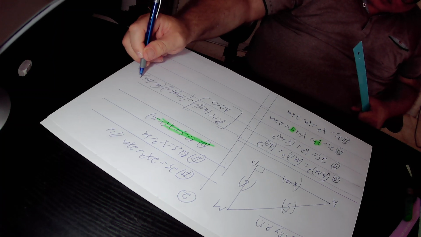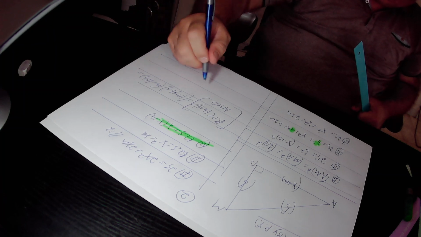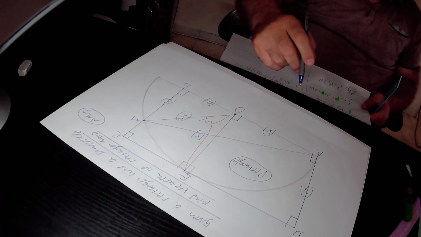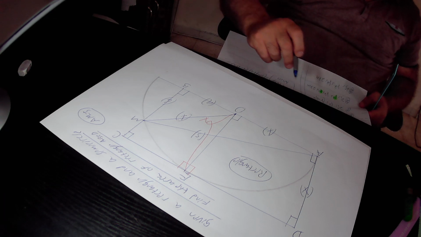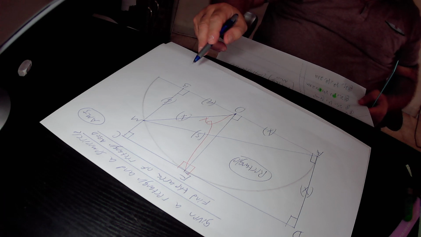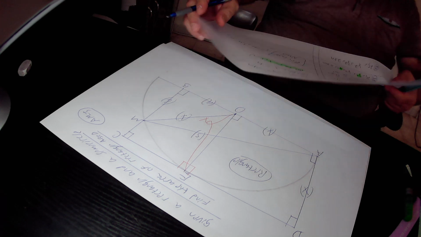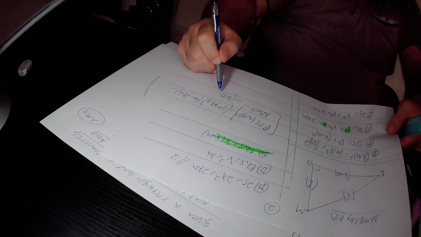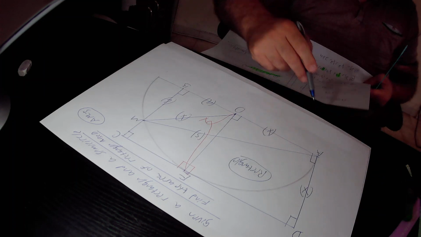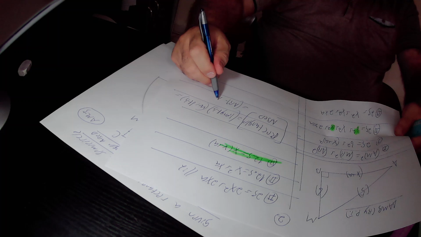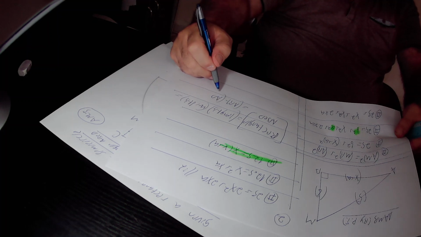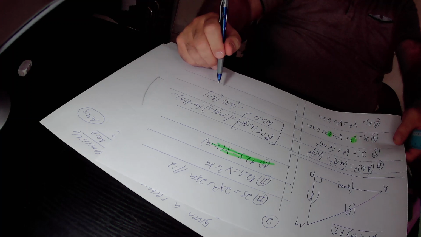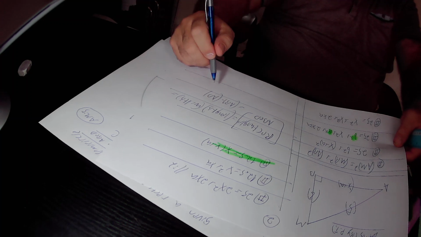And therefore the area of rectangle ABCD must be equal to the length of rectangle ABCD times the width. The length is AB times the width. The width is AD. So in total we can find out that the area of rectangle ABCD equals AB times AD. AB is the length, AD is the width.